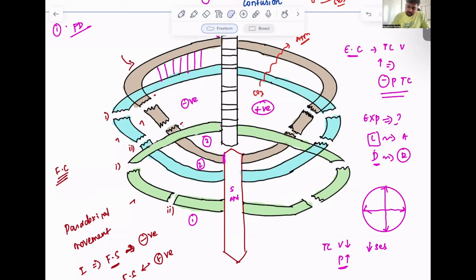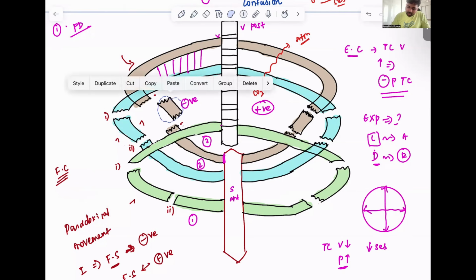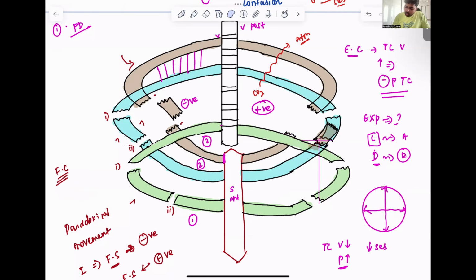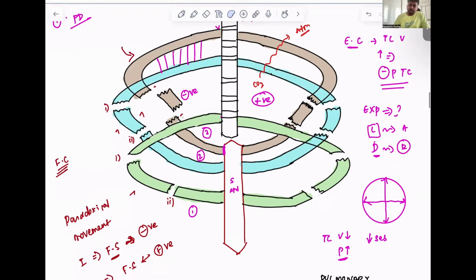So for one last time, because of the negative pressure during inspiration, the flail segment comes inside, and during expiration, because of the positive pressure, the flail segment goes outside, exactly opposite to the normal thoracic cavity movement during inspiration and expiration.